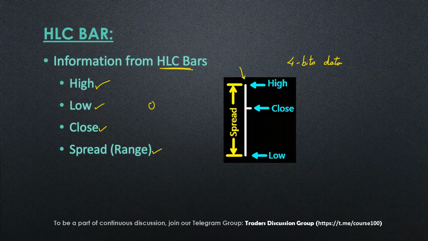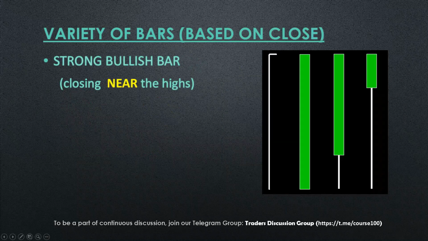The thing which is missing here is the open. We don't really need an open to analyze the market. While looking at the types of bars in the next topic, we will see how and why we can skip the open.